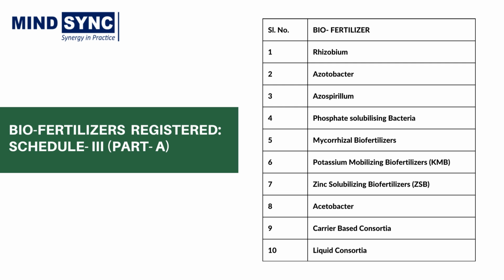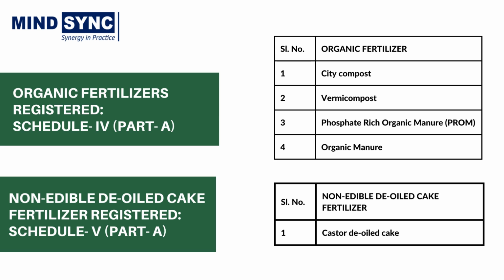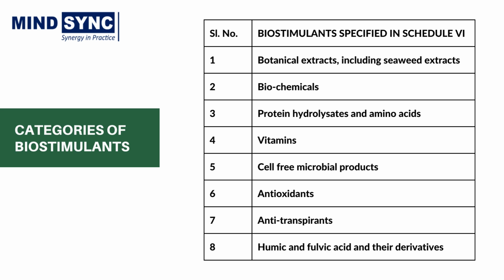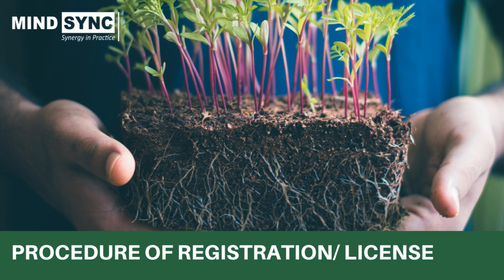Biofertilizers under Schedule 3 are rhizobium, azotobacter, acetobacter. Organic fertilizers under Schedule 4 are city compost, organic manure. Castor de-oiled cake, as non-edible de-oiled cake fertilizer, is under Schedule 5. Biostimulants under Schedule 6 are botanical extracts, antioxidant, humic and fulvic acid.